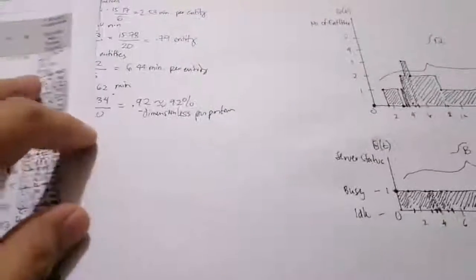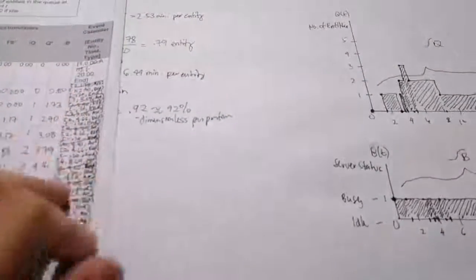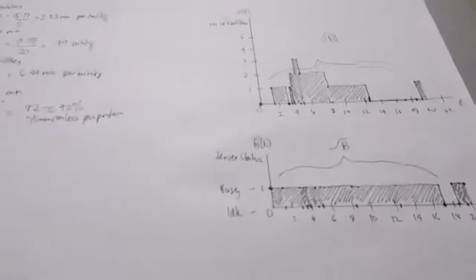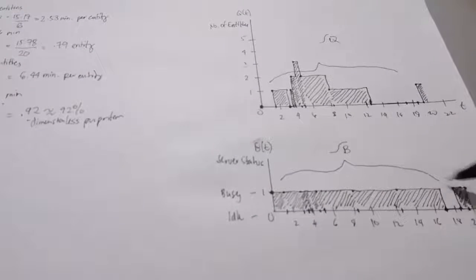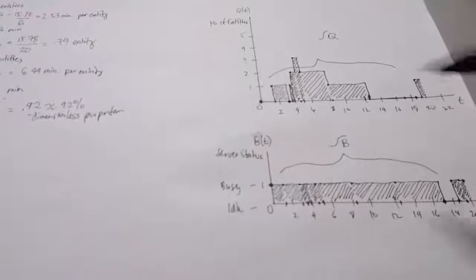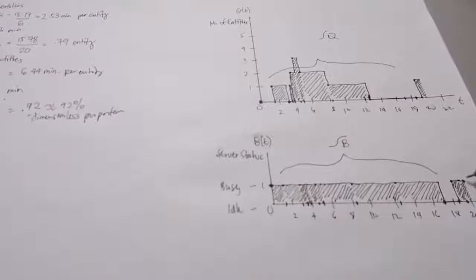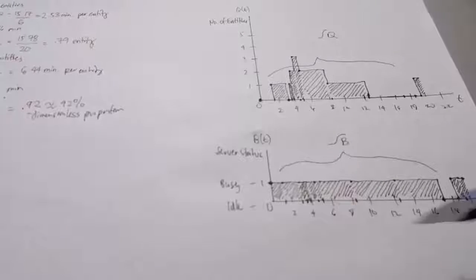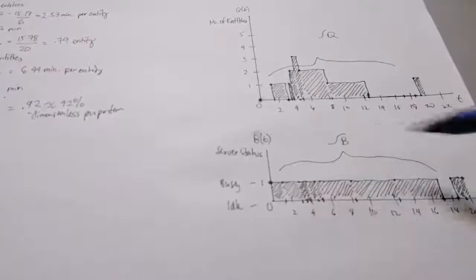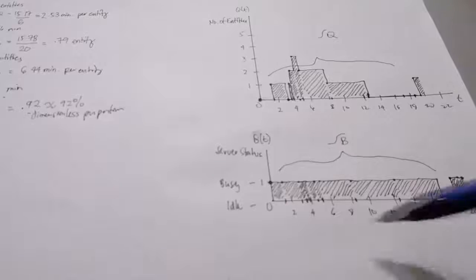meaning if you will relate it with the graph here, as you can see, yung walang area dito, ito yung 8%. Ibig sabihin, from time 0 to time 20, 92% na na-utilize yung ating server. So, talagang mavisualize na talaga natin dito yung utilization ng cook. Yan.